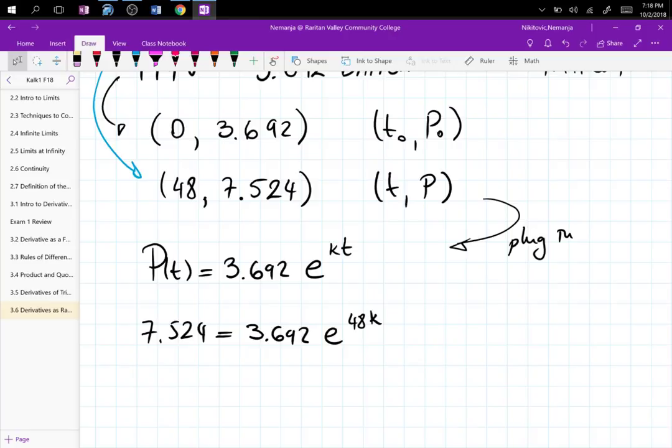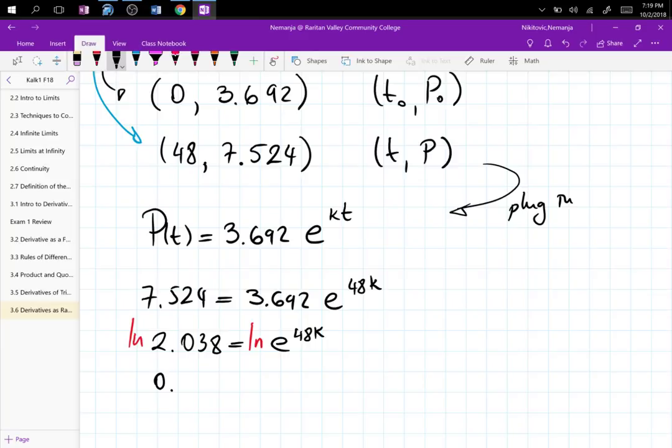Divide both sides by 3.692, so 7.524 divided by 3.692 is 2.038, equal to e to the 48k. ln both sides to get rid of the e. So we have ln of the answer from before.